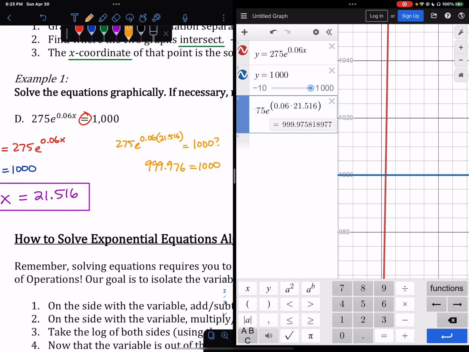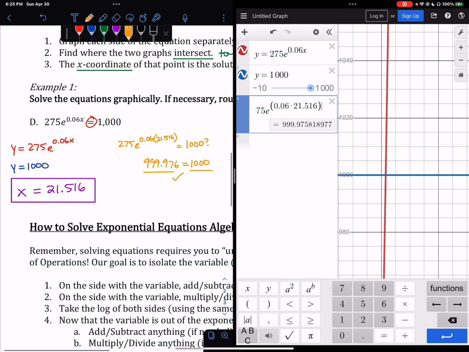Is that basically 1,000? Yeah, I would say that's pretty darn close. That's just a rounding issue there. 999.976 is close enough to 1,000 that we're good and can be pretty confident that the answer is correct.